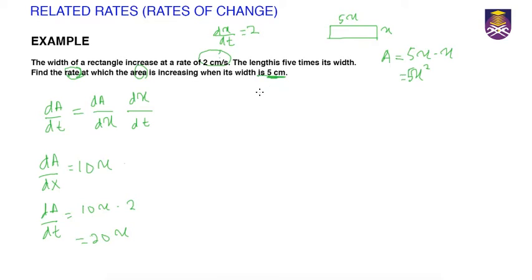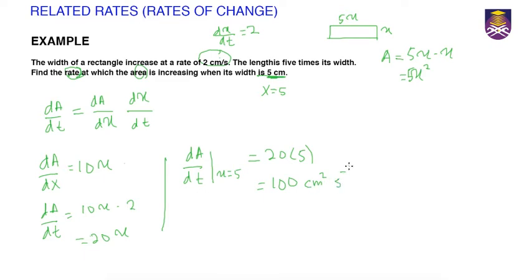This means when x is equal to 5. We just substitute: dA over dt when x is equal to 5 is equal to 20 times 5, so we will get 100. What is the unit? Since area is centimeter squared, over time, so per second.